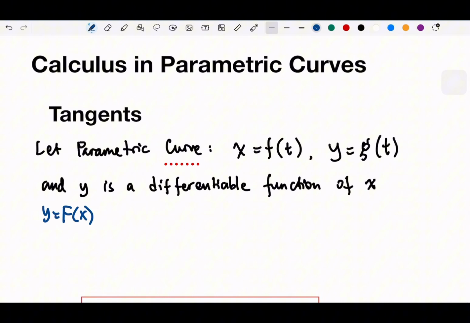So let's say we have this condition. The first thing is x equals f of t, y equals g of t, and we have the condition that y is a function of the single variable x. So y has a connection with x. But y and x themselves are also functions of t.